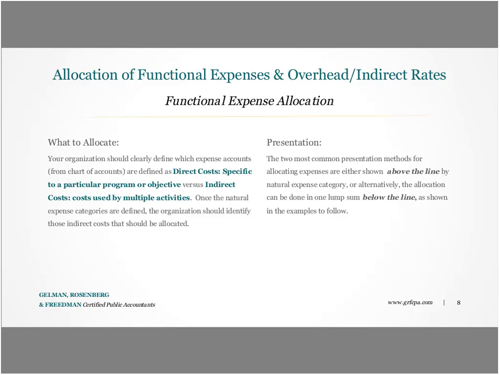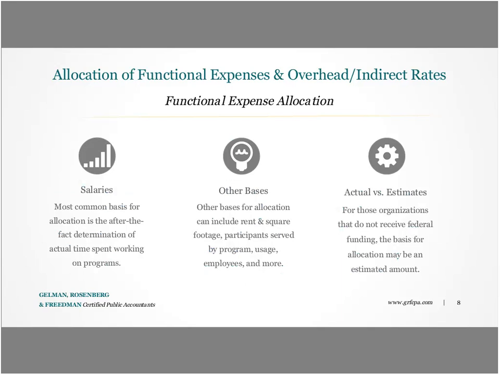This presentation is typically done in one lump sum below the line. We do have an example of each that we'll take a look at, but before we get into the examples, we first need to explore a little more about this basis for how we spread the costs.